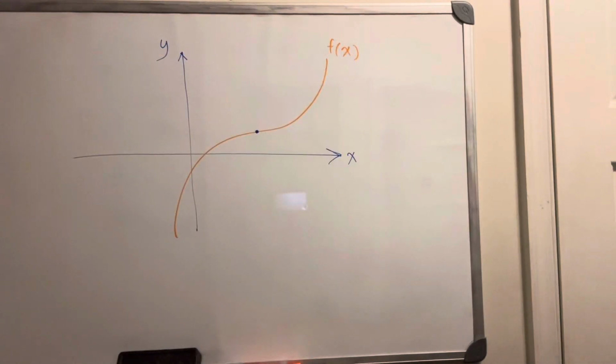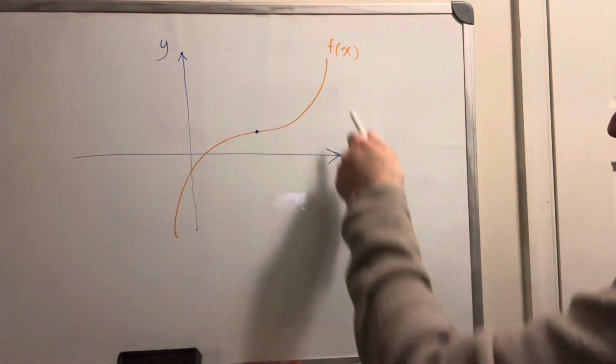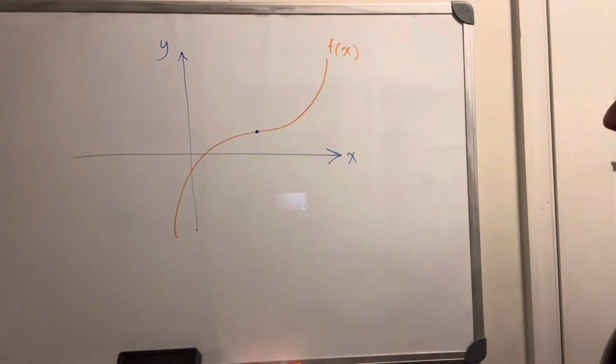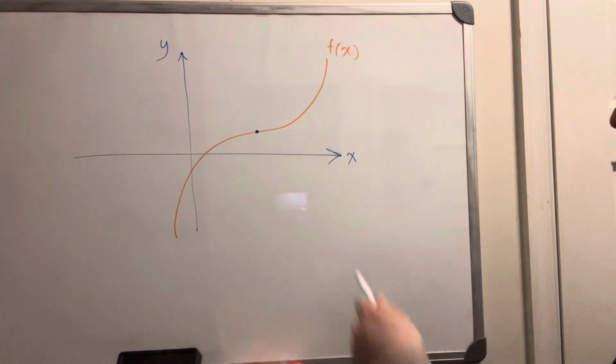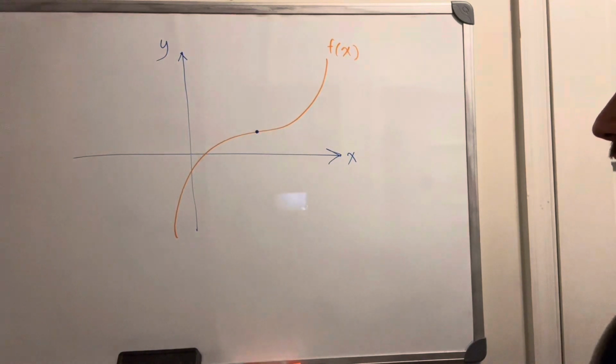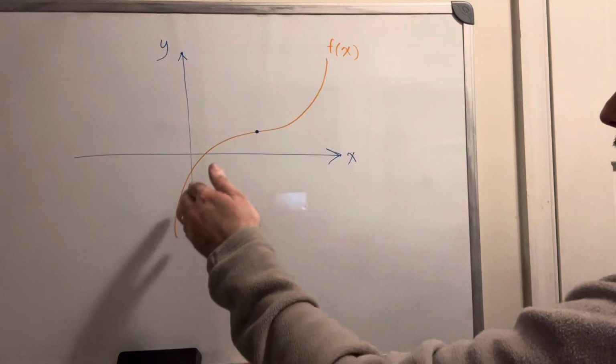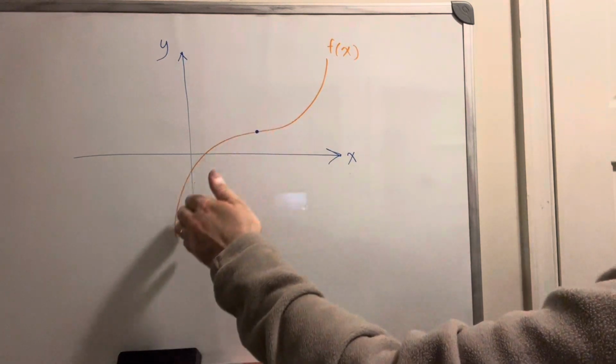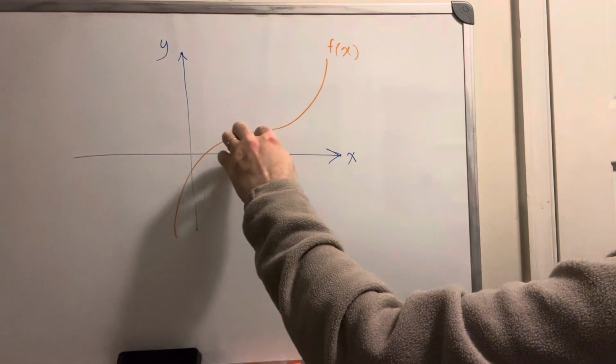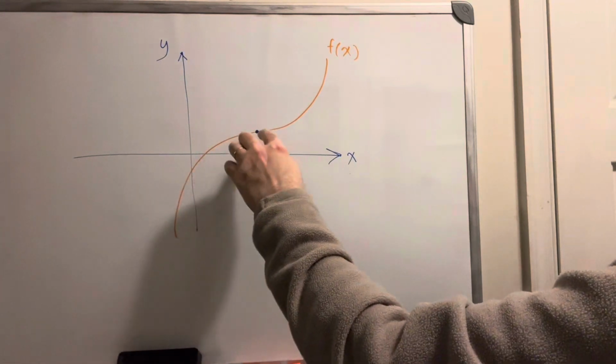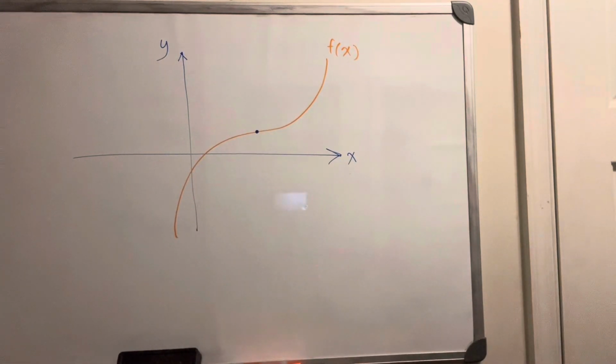Here's an example of some random function in orange. This is f of x, and the point, the blue dot right there, is what I'm saying is a point of inflection. So what's special about that point? Well, what can we say about the slope of a tangent function on any of the points coming up to this particular point?